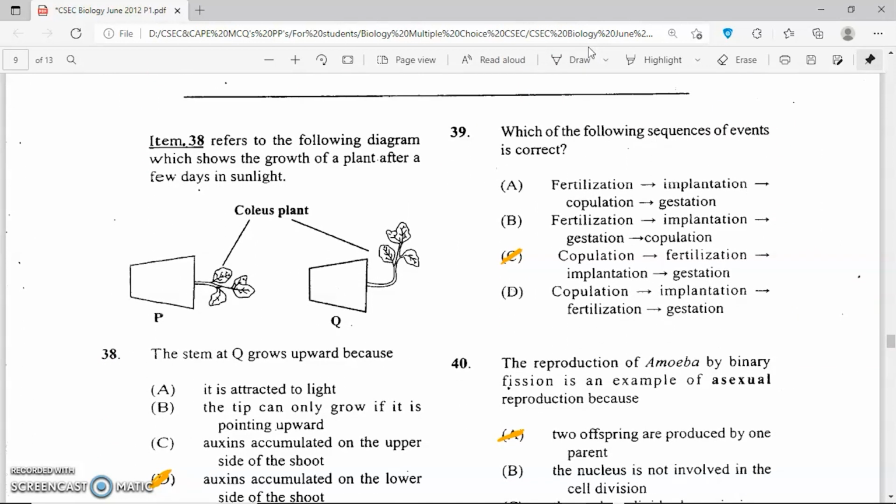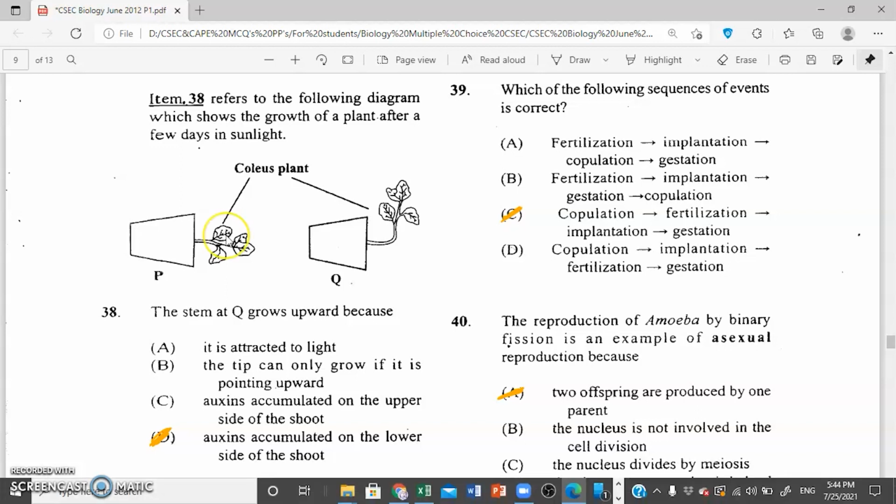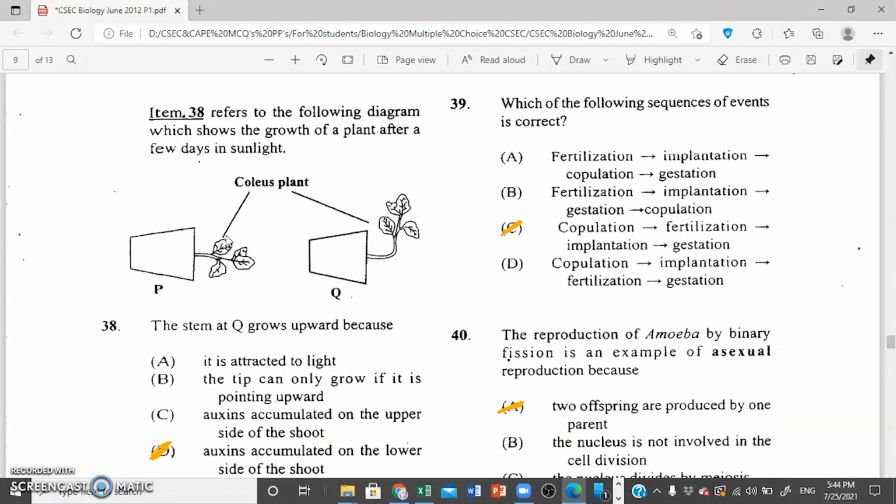Item 38 refers to the following diagram, which shows the growth of a plant after a few days in sunlight. The stem at Q grows upward because auxin accumulated on the lower side of the shoot. The light is in that direction, so this would be light here.